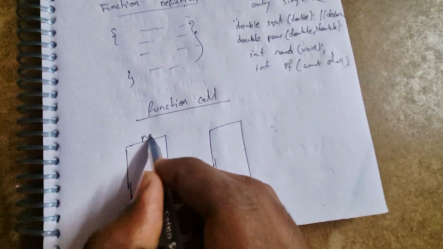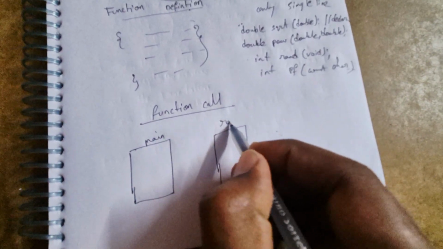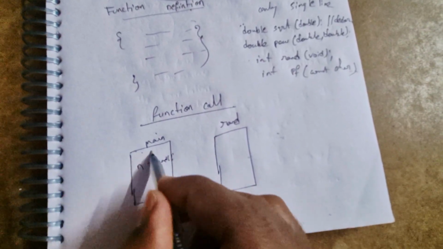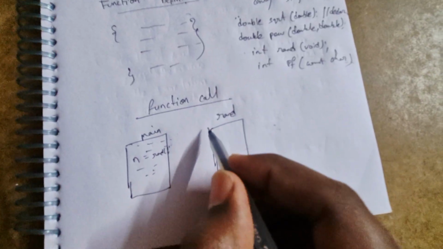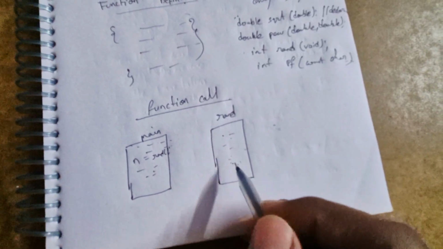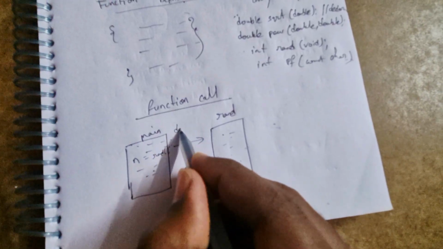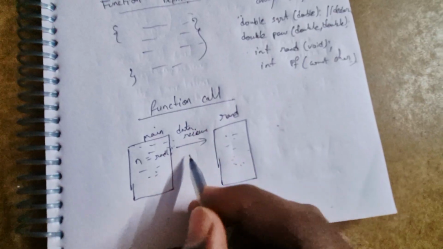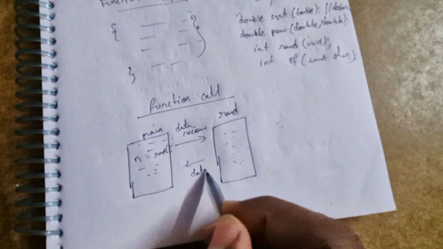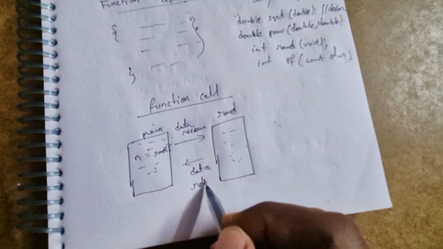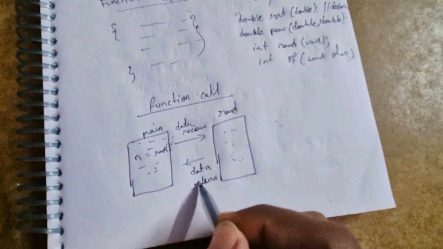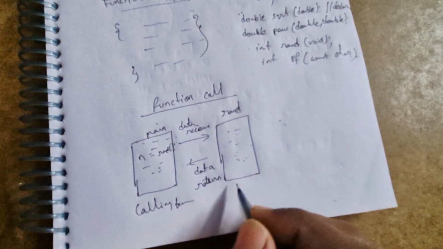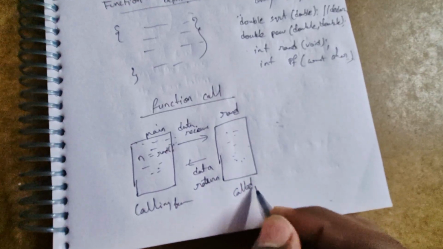This is main, and this is rand: n equal to rand. Data is received, and data is returned. This is the calling function, and this is the called function.